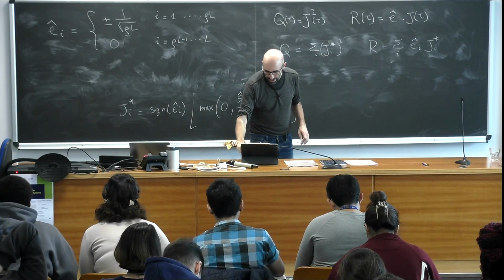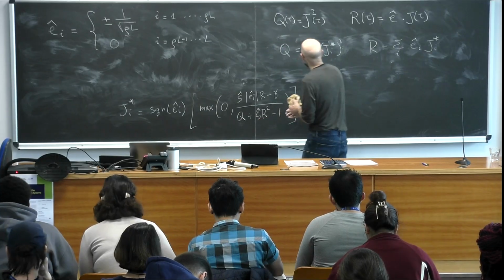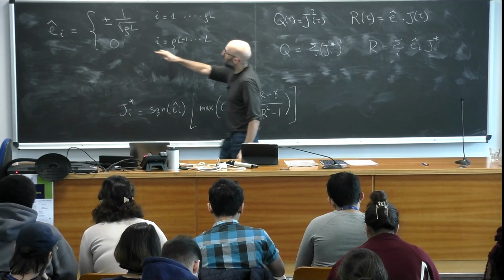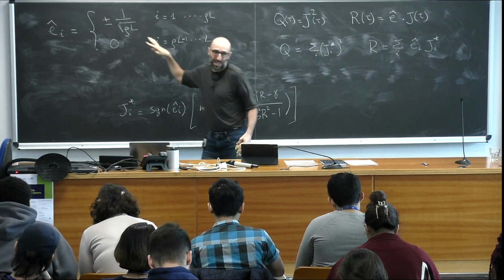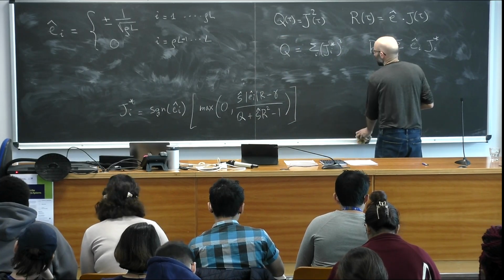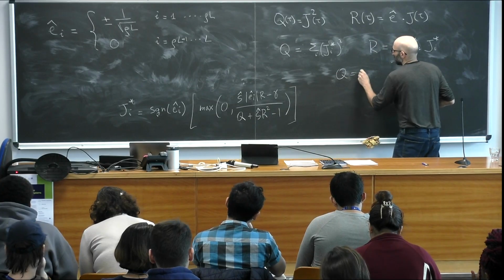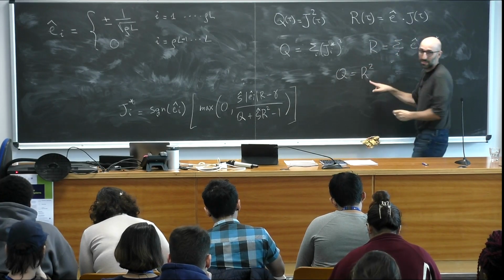So if you put this here, maybe I don't do all the calculations, but you get a simple result, because now the absolute value of all the components is the same. So this is a very simple case. And what you get in that case is that Q is equal to R squared.